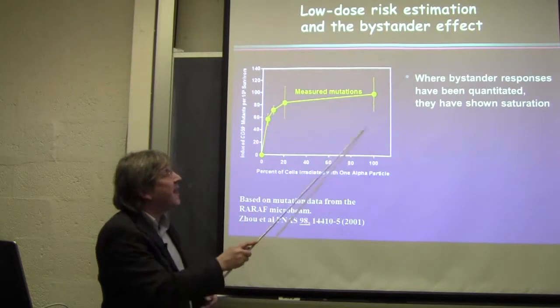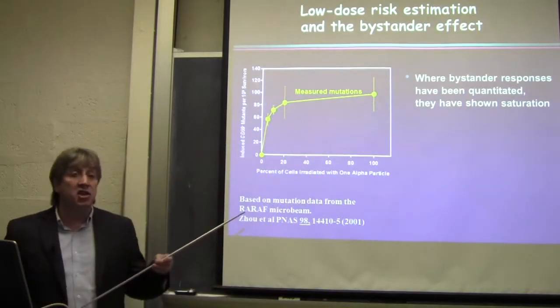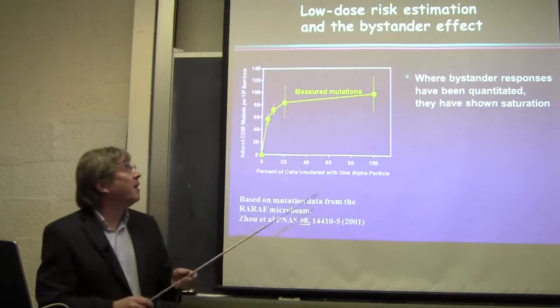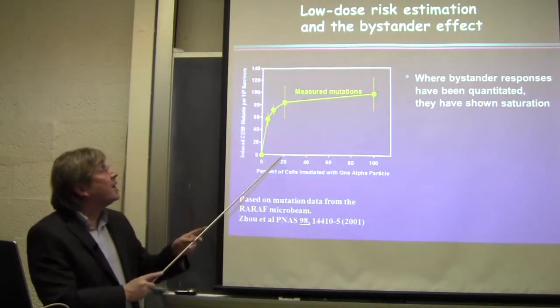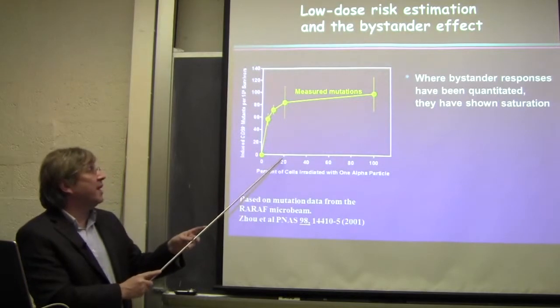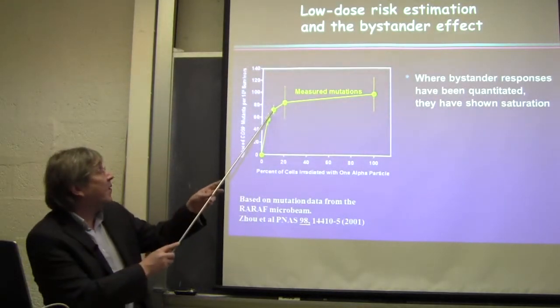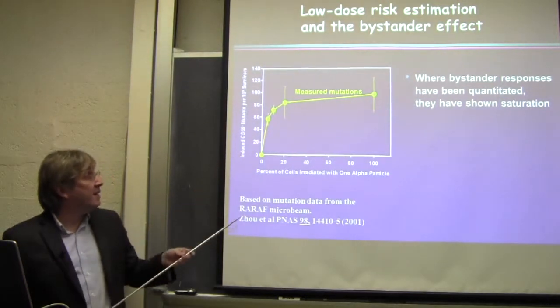So here, 100% of the cells on the dish are being given exactly one alpha particle. Here, 20% of the cells on the dish are being given one alpha particle, and 80% are not being hit at all, and likewise 10%, 5% here.